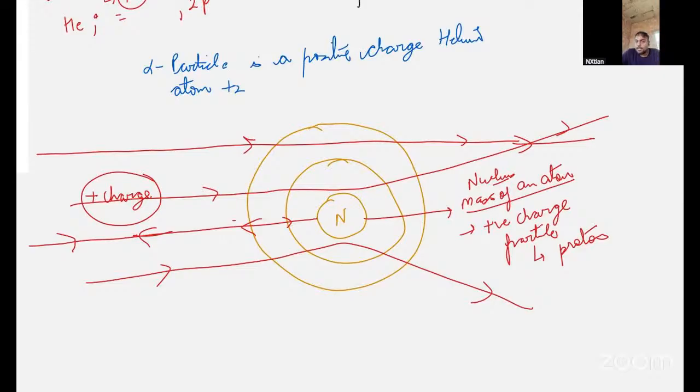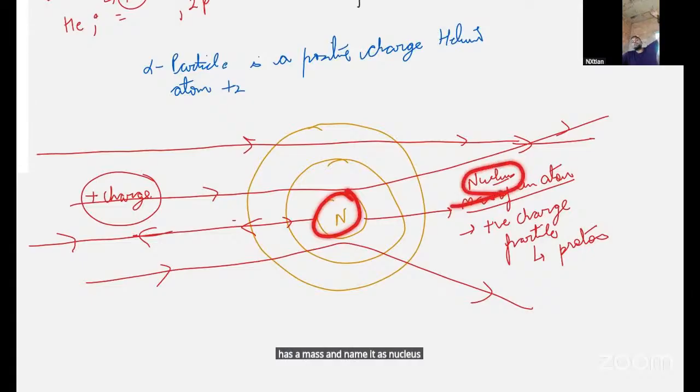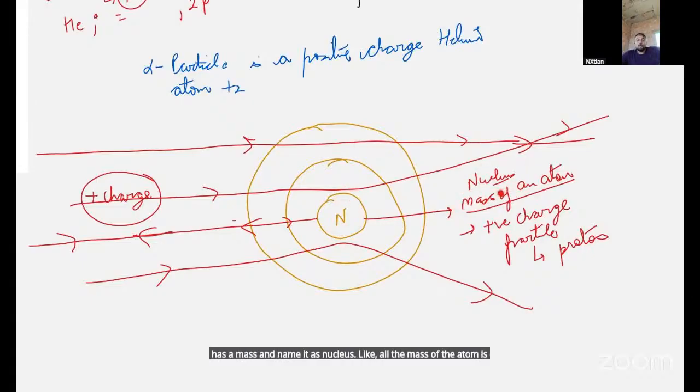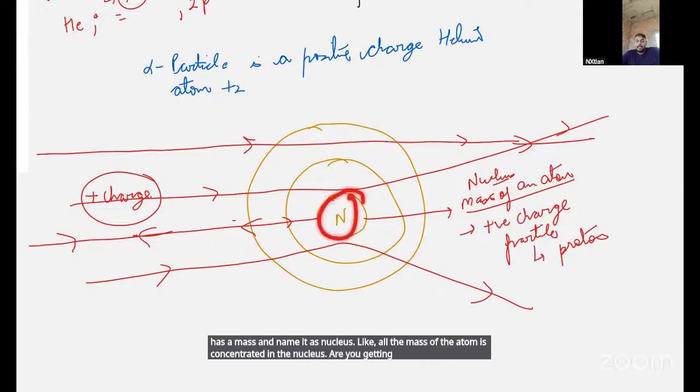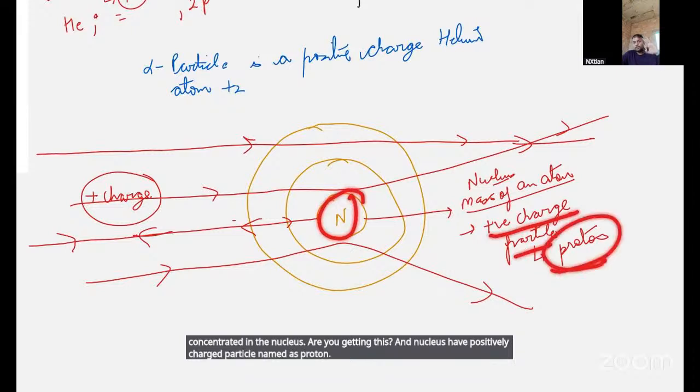That most of the space in an atom is empty. Like there is nothing there. Okay, it is empty. The second conclusion he made is that the center of the atom has the mass and he named it the nucleus. Like all the mass of the atom is concentrated in the nucleus. And the nucleus has a positively charged particle named the proton. He made three conclusions. Are you getting this?